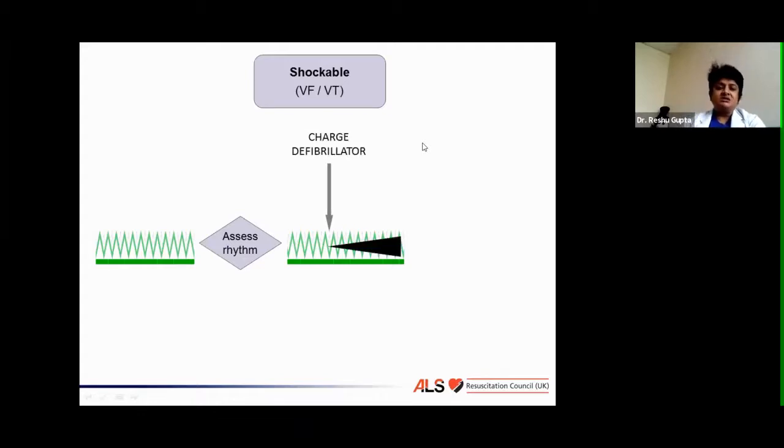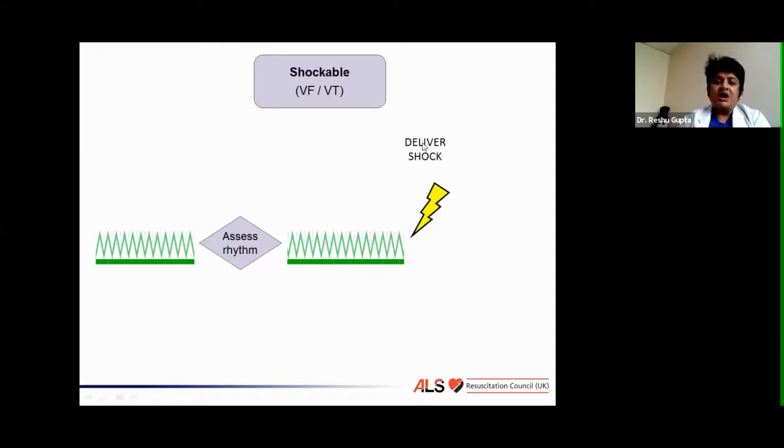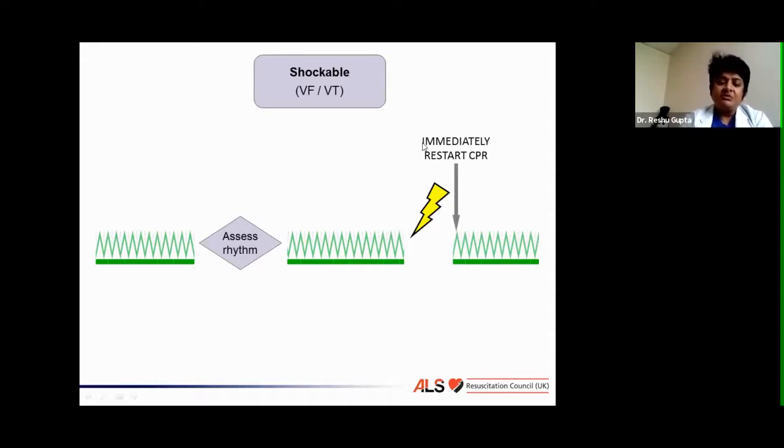You charge the defibrillator, you keep the charge ready, and then you defibrillate once you are ready, thereby interrupting the compressions only briefly. Immediately after delivery of the shock, you start the CPR again without assessing, for 2 minutes.